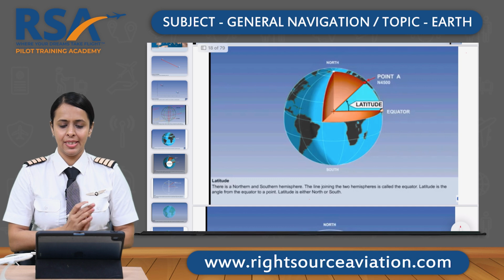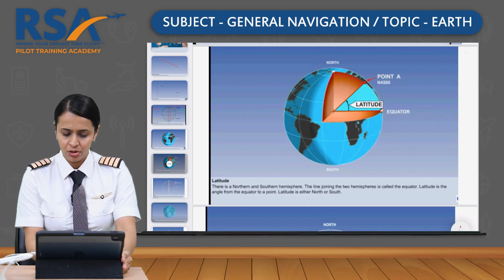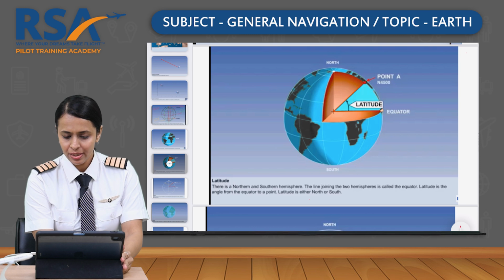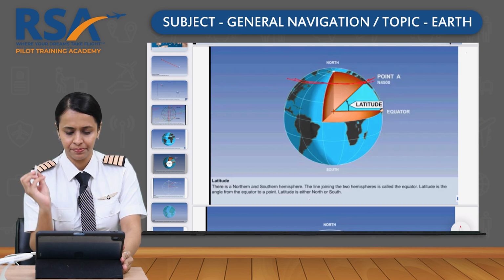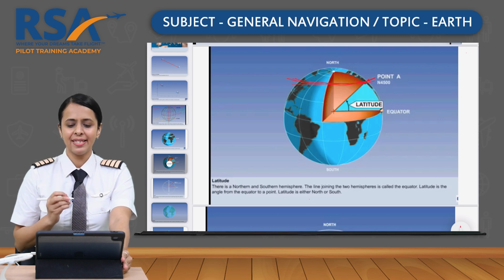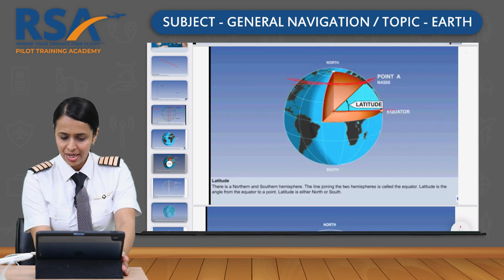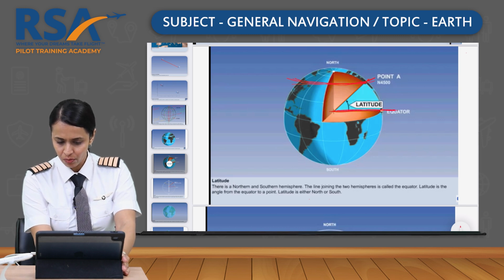So this picture describes it the best. Let's assume that we need to understand what is the name given to this latitude, the one that I have drawn over here. Latitudes are numbered always as an angle and this angle is measured from the equator. So as you can see, this is my equator over here.